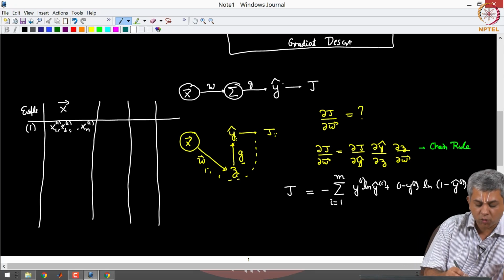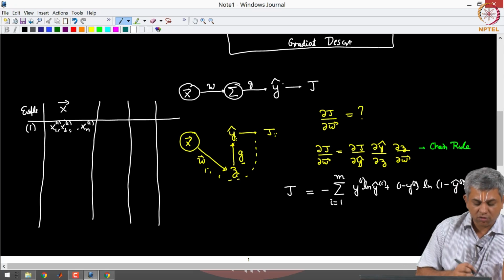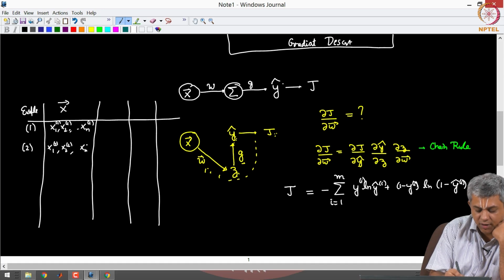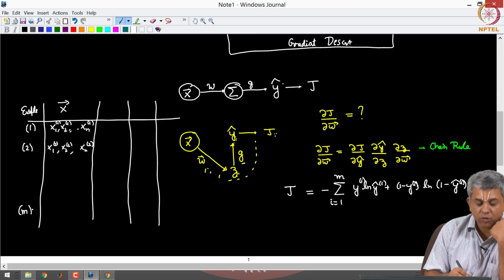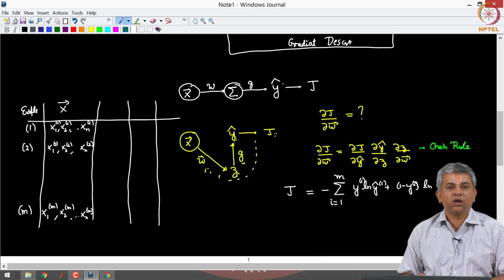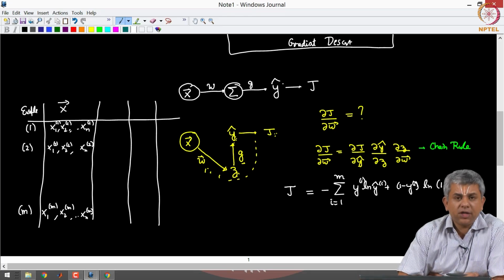So, you had an x1^1, x2^1, which was 0 0 in that case. You similarly have x1^2, x2^2, xn^2, and we could have m such examples, very similar to the multiple linear regression example that we did.